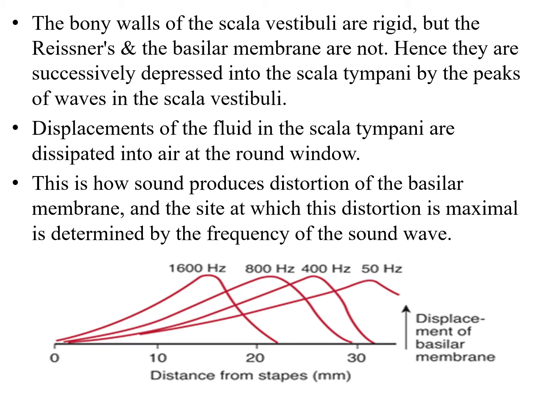Now it has been seen that a sound wave having a frequency of 1600 Hz causes maximal displacement between 10 and 20 millimeters of basilar membrane length, while a sound wave of 50 Hz causes a maximal displacement almost near the apex of the cochlea. So the place where the basilar membrane will be maximally displaced is determined by the frequency of the incident sound wave.